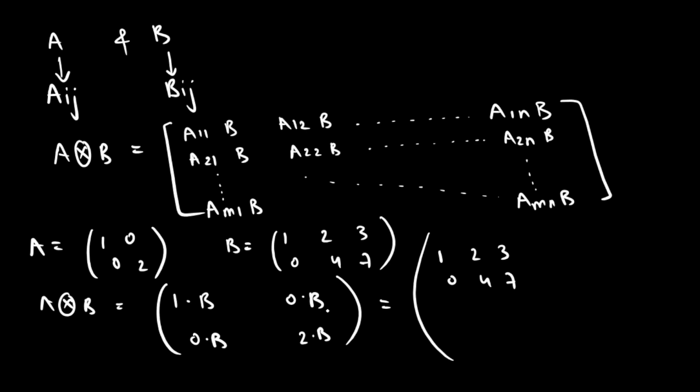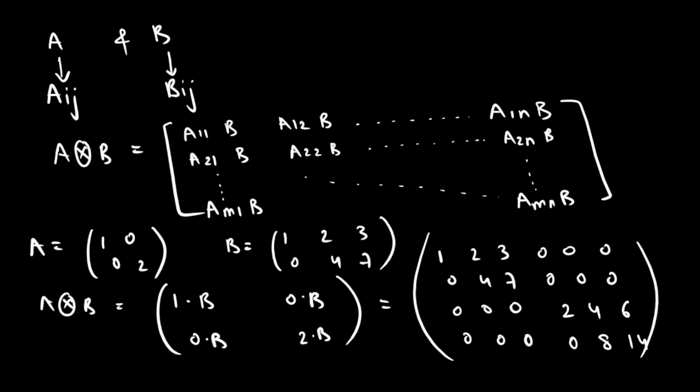Similarly, when 0 multiplies with each element of B, we get 0 0 0 0 0 0. And again, when 0 multiplies with B, we get the same. And finally, when 2 multiplies with B, we get 1 times 2 is 2, 2 times 2 is 4, 2 times 3 is 6, 2 times 0 is 0, 2 times 4 is 8, and 2 times 7 is 14. So we get this bigger matrix. So I hope you understood what the tensor product and its operations are.